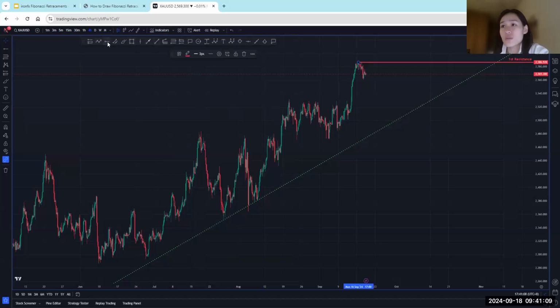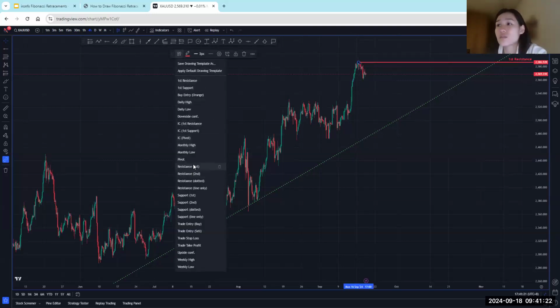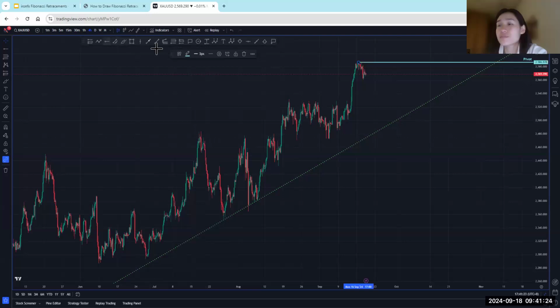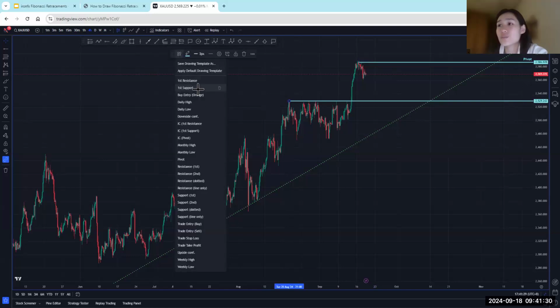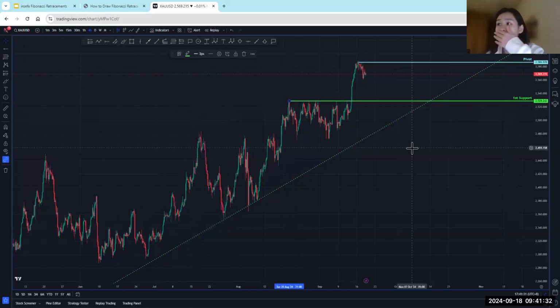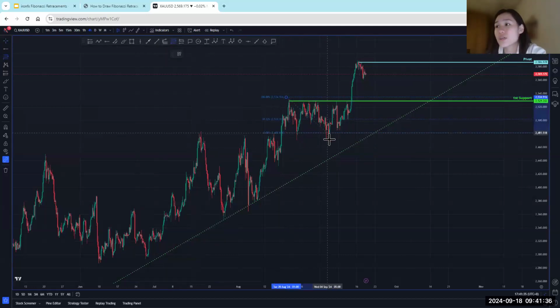So this is going to be my first resistance. Or actually, this will be my pivot. And this will be my first support. So I'm going to go in with my Fibonacci levels first.